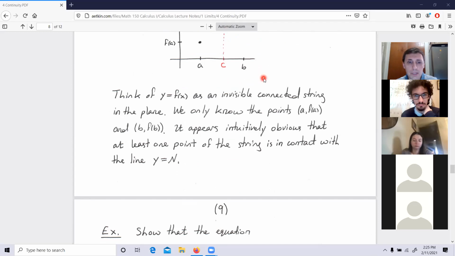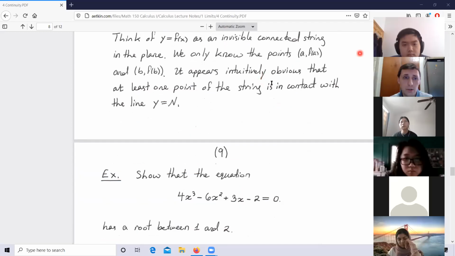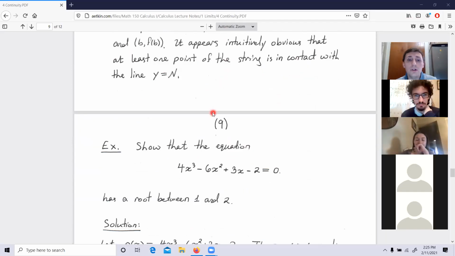Okay, so let me try to show you the use of this theorem, at least one example of it. We will see many more. So suppose that you want to understand whether or not 4x cubed minus 6x squared plus 3x minus 2 equals 0 has a solution, right? Maybe between the numbers 1 and 2.